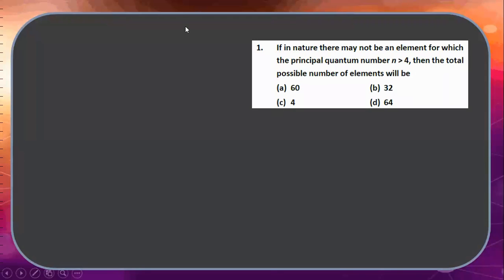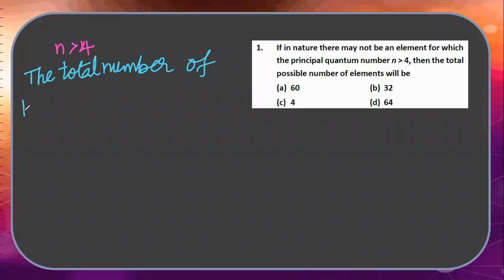So we'll come to the numericals part. If in nature there is no element for which the principal quantum number is greater than 4, then the total number of possible elements is the sum of 2n square, where n is taken as 1, 2, 3, and 4, up to 4 only.